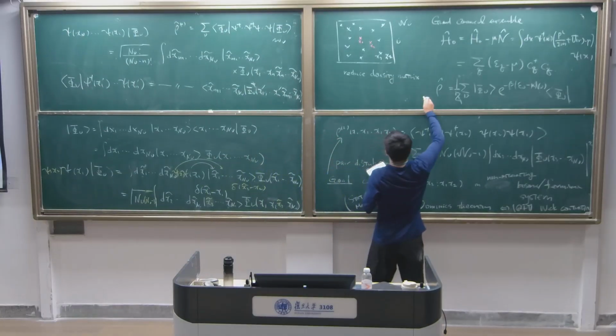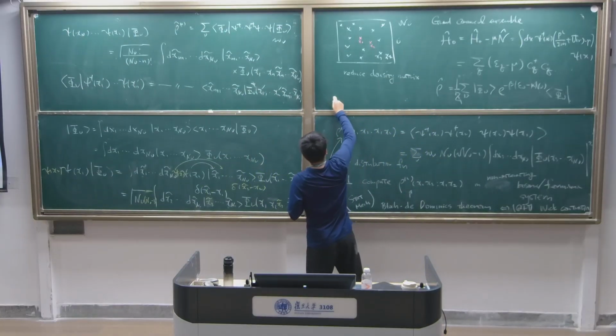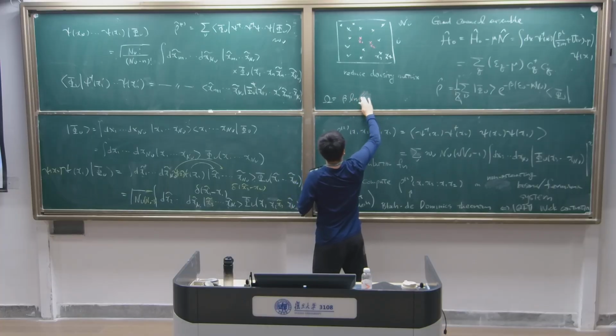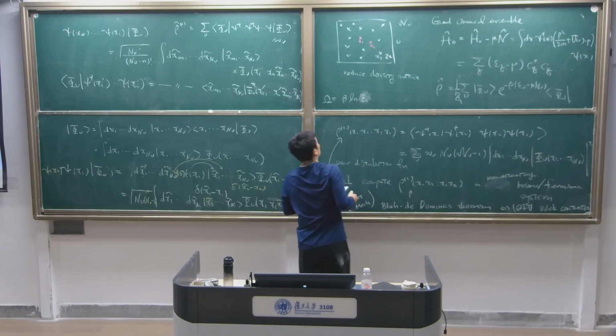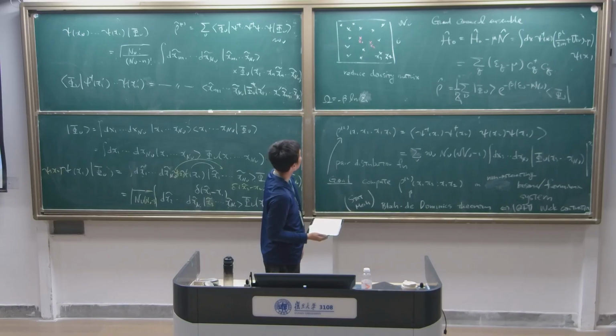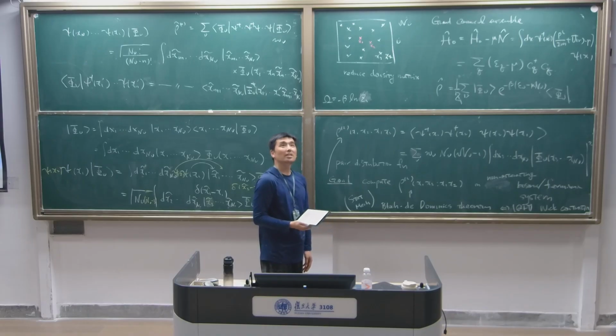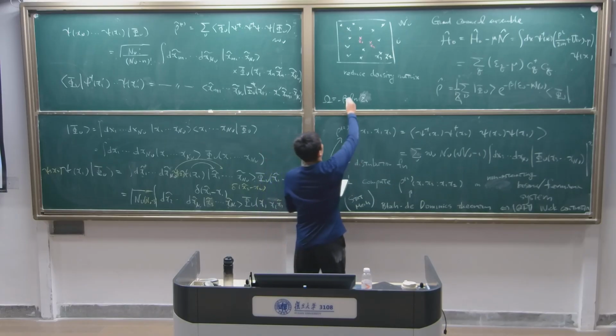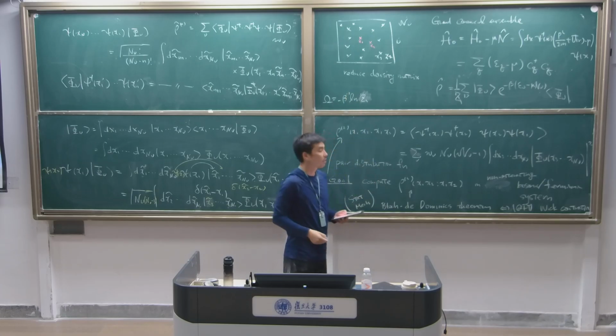So we remember that the logarithm of the grand potential is minus beta times log Omega. Minus sign, inverse. Okay.